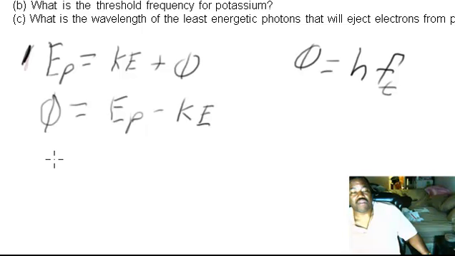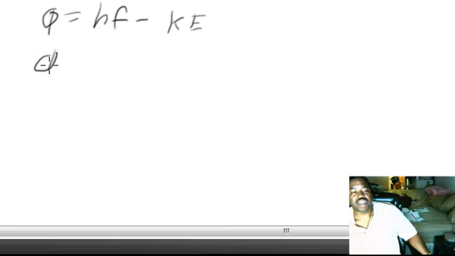If you solve this for phi, you get E_photon minus kinetic energy. Since E_photon is hf minus KE, phi is equal to hc over lambda minus KE, because if you notice right here, they gave us a wavelength, so you had to make sure you put in the c.